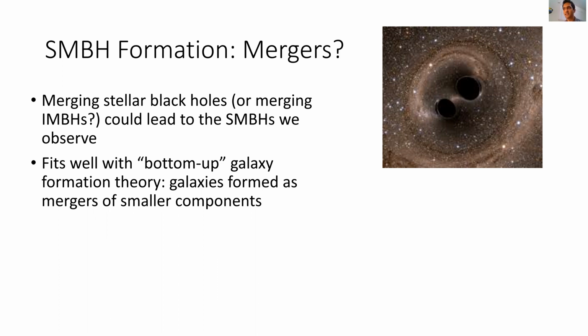So it's plausible that in each of those tiny galaxy fragments there was an intermediate mass black hole, and then in the process of the merger, the intermediate mass black holes all fell toward the center of the resulting galaxy.